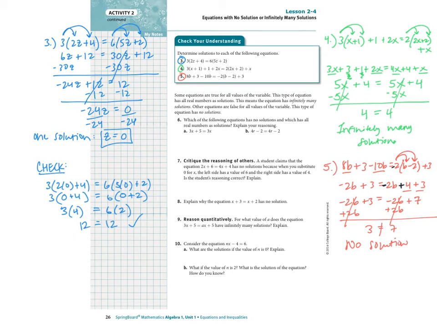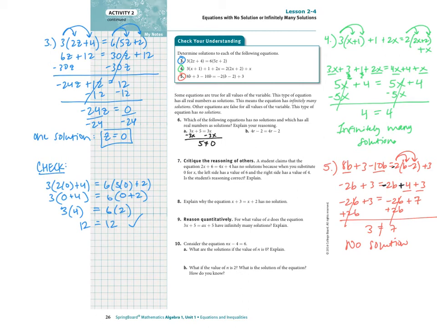From this idea, or maybe some of you actually showed some work. Maybe you said, hey, I'm going to get all the variables to one side. I'm going to move them to the right side because I have my number on the left. And maybe you got a statement like this. We know it's going to be no solution. A number cannot be equal to 3 times itself plus 5.